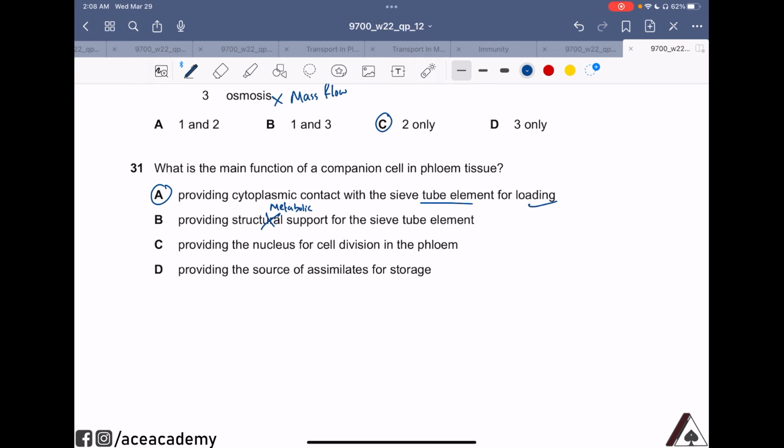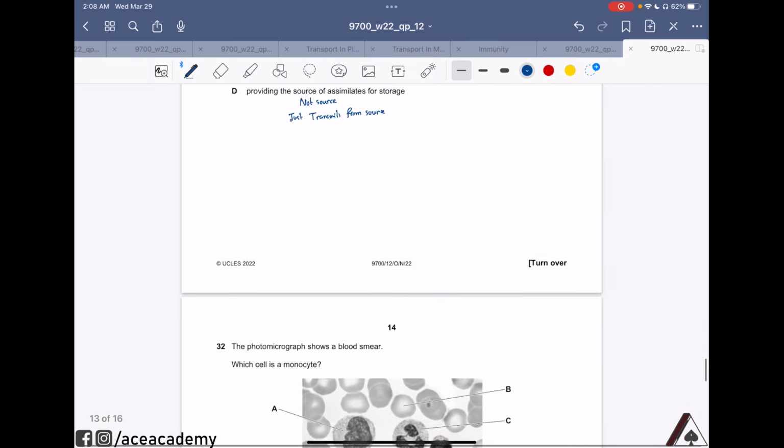Providing the nucleus for cell division in sperm? No, there is no cell division occurring in the sperm at all. Then providing the source of assimilate for storage? No, it's not the source. It just transmits from the source. So for 31, A is the correct option.